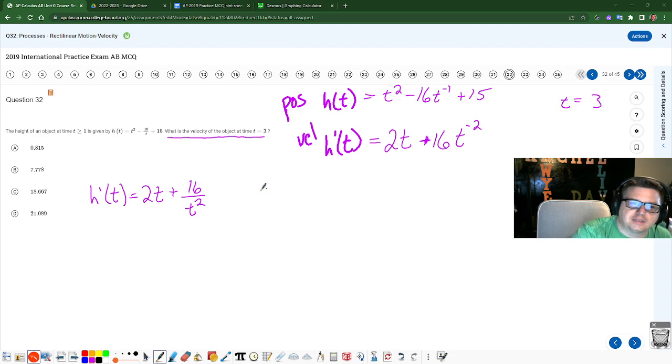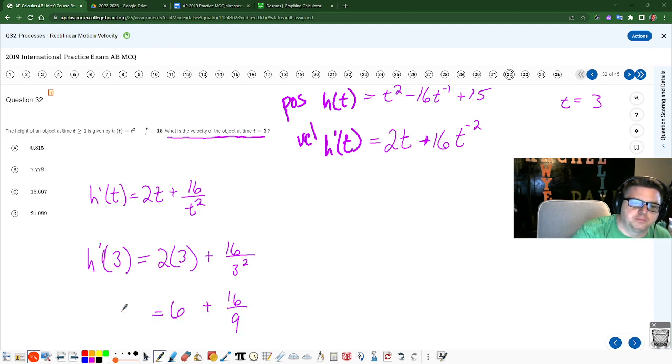We want the velocity when t equals 3, so we plug 3 in. That gives us 6, and that gives us 16 over 9. And 16 over 9 is 1 point something, 778 probably, because the only answer close to 6 plus 1.778 is going to be B.